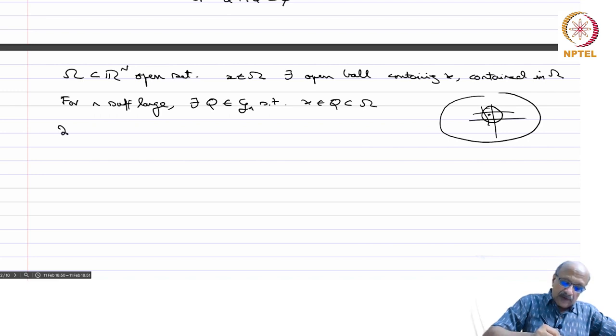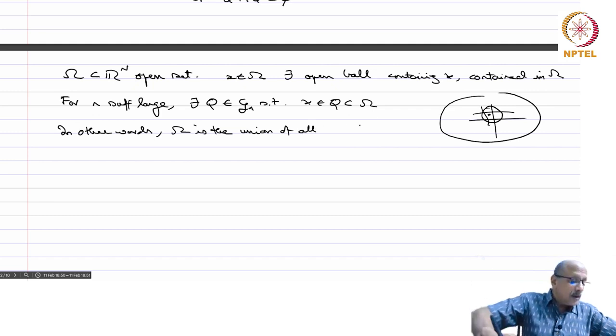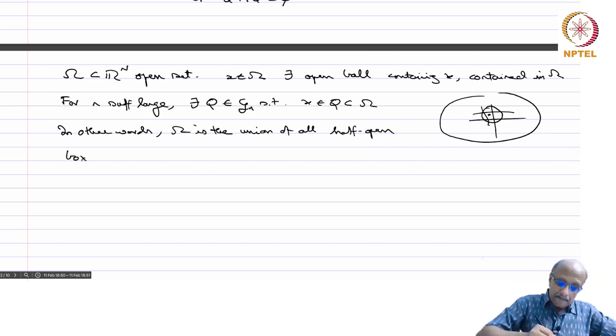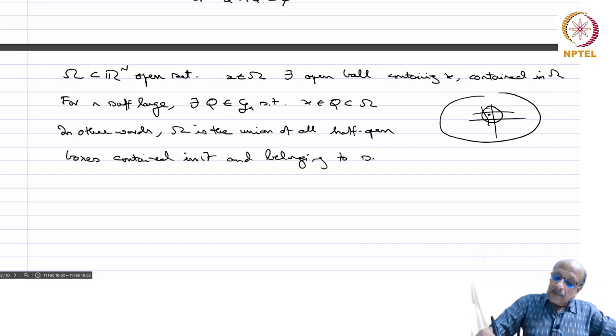So in other words, omega is the union of all half open boxes contained in it and belonging to some G_n.